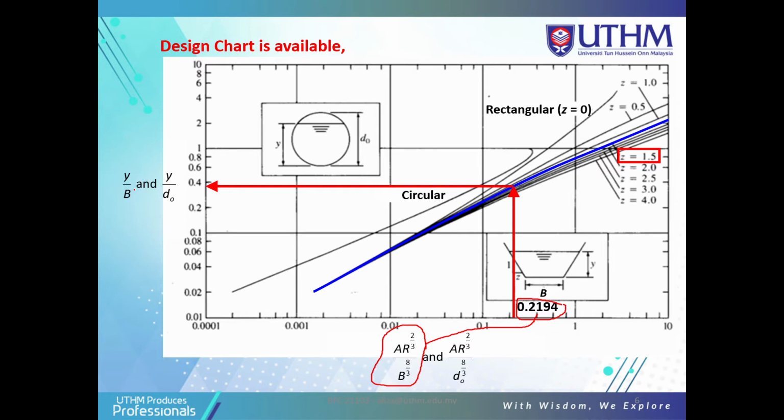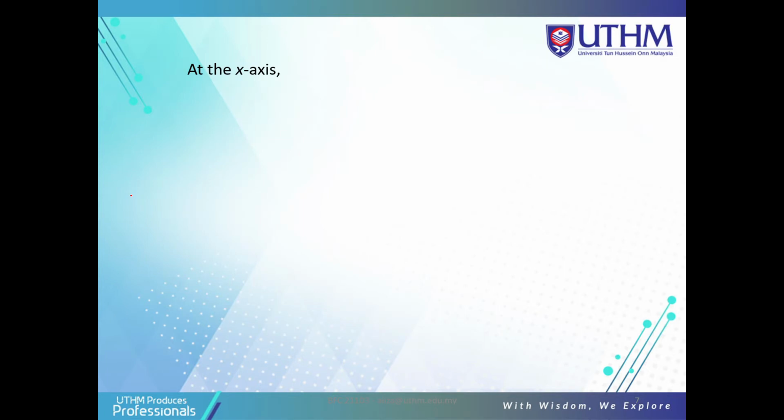Okay, Y over B. At this part, you get Y over B, which is 0.37. Easy. Actually 0.37 is y over b. So look at the x-axis, you get the value of 0.2194.